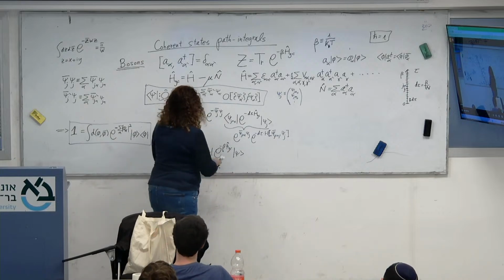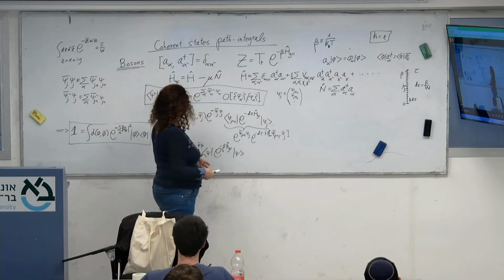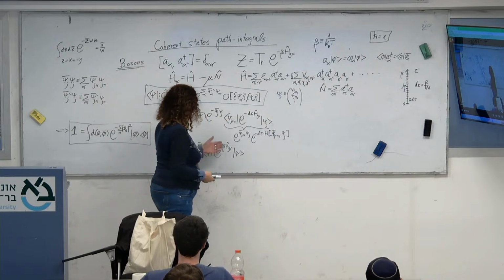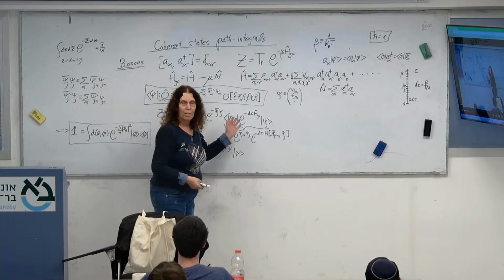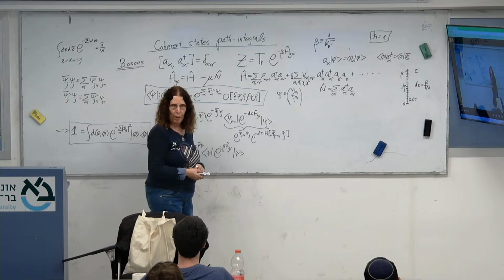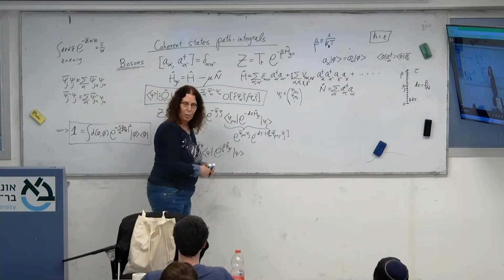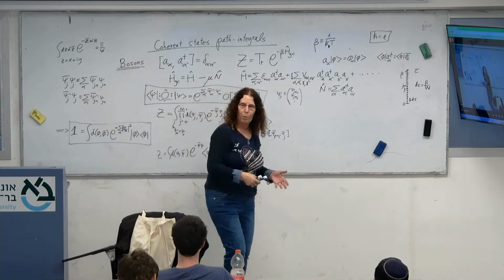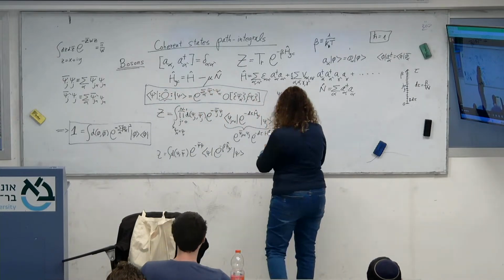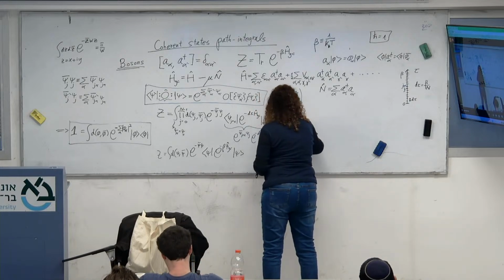Instead of writing a product of many j's, I can write a sum over j of all the contributions from all the j's. Inside the exponent, yeah. A product of exponents is replaced by an exponent of a sum. Okay? Right, so then I'm getting the following result.